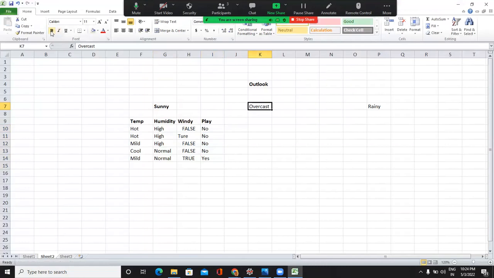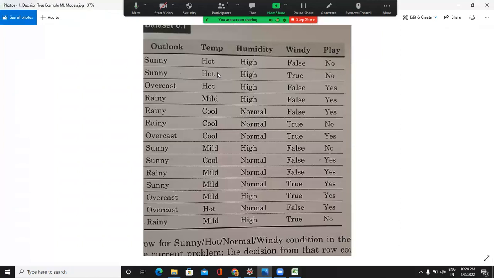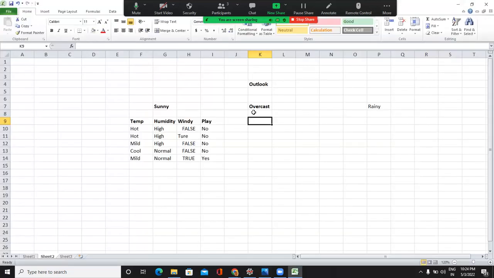What happens when outlook is overcast? When outlook is overcast, every time we play: overcast, yes, overcast, yes, overcast, yes. So when the tree comes to overcast, the only decision is play, that is yes.